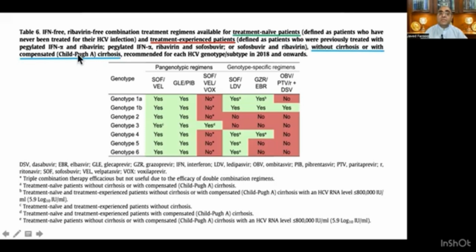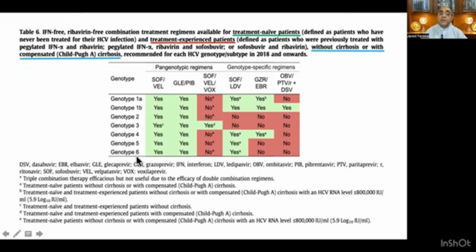This table of the EASL guidelines is showing the interferon-free, ribavirin-free combination treatment for treatment-naive patients, treatment-experienced patients, and those without cirrhosis. These are the pangenotypic regimens, sofosbuvir-velpatasvir, GP, sofosbuvir-velpatasvir-voxilaprevir, and genotype-specific regimens.